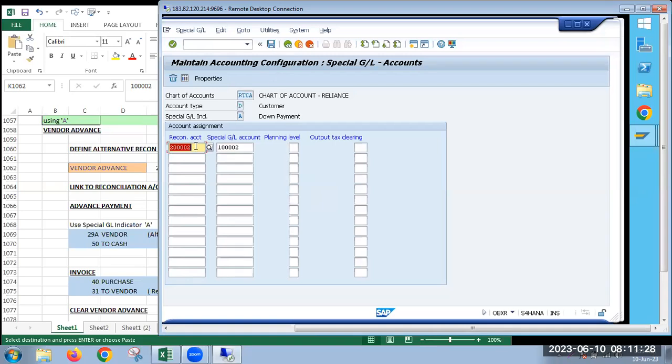See the concept of assigning GL accounts for automatic posting.